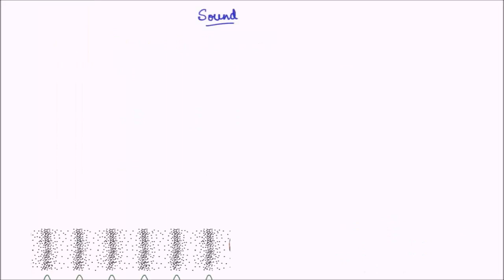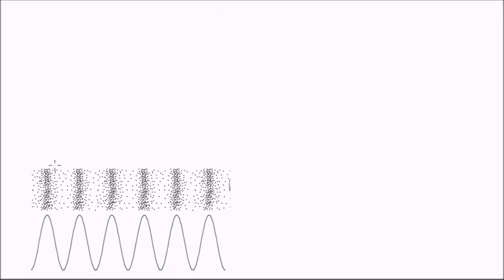In order to begin our discussion, let us understand how sound is produced and how it travels. What happens is that there is a vibrating body, and that vibrating body can be anything from a loudspeaker to our vocal cords. Let's say there is a source here of a vibrating body, and those vibrations are transmitted through a medium.